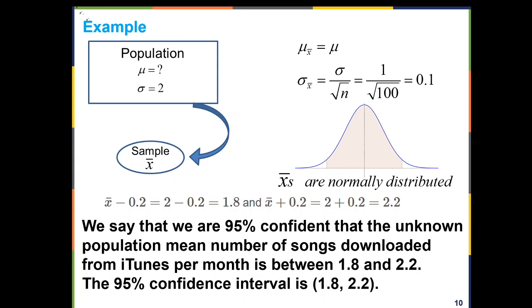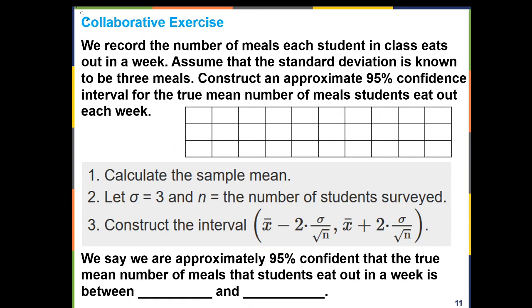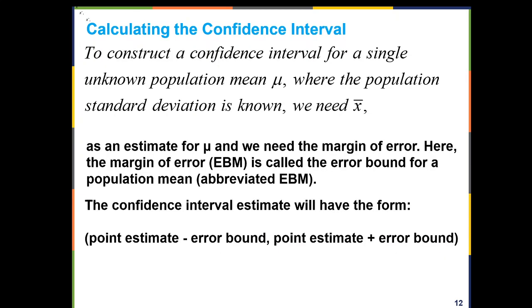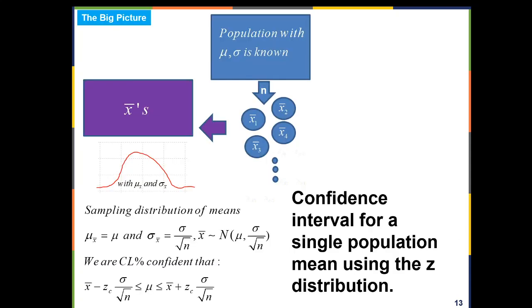Okay, and we call this interval the 95% confidence interval. All right, so notice that we start with a population and we take samples of certain size n, and then we calculate X bar.